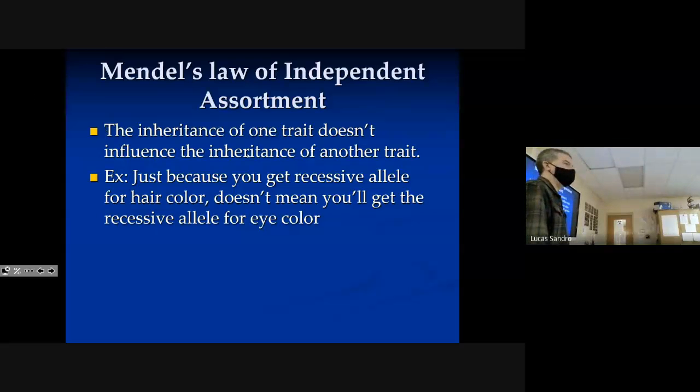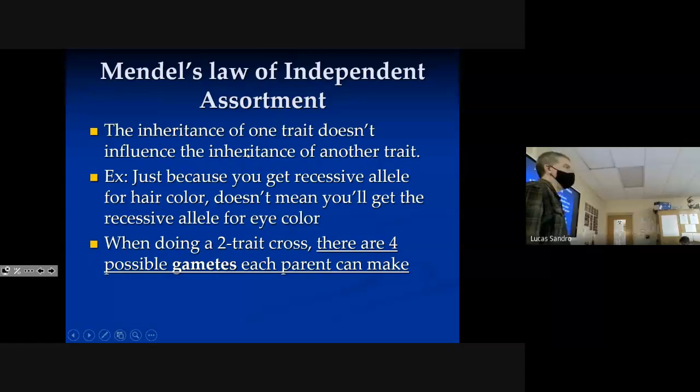And when I say fairly easy, I mean, okay, more complicated than we've been doing. Because if we're going to track 2 traits at once, what that means is there's now 4 possible sperm and eggs mom and dad can each make. Which means how big is our Punnett square?